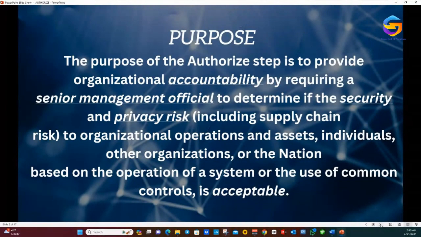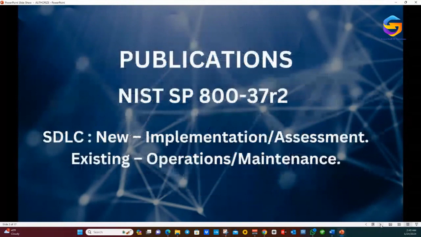Now, let's look at the publication. The publication for the authorization step is the NIST SP 800-37 Revision 2, and of course, the SDLC is operations and maintenance. I take it back. The SDLC is implementation and assessment.